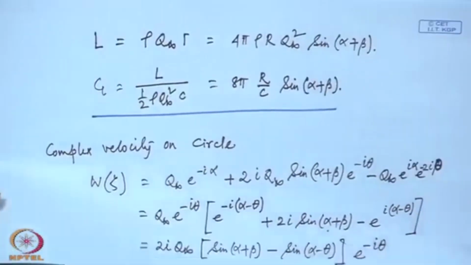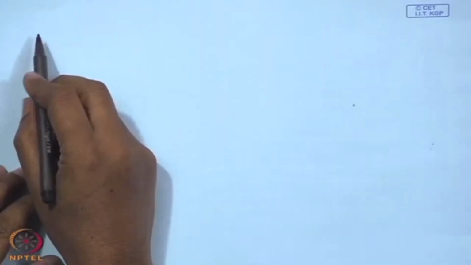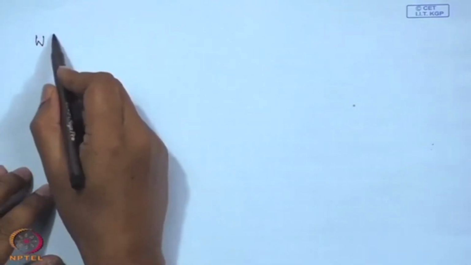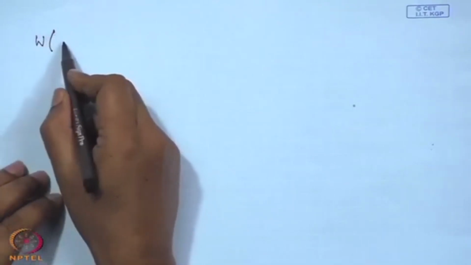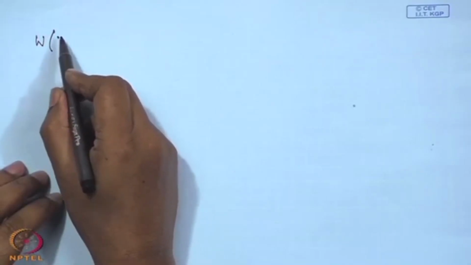Now, let us find the velocity at the trailing edge. Quickly, how much will be the trailing edge in the z plane? Location of the trailing edge. You see the trailing edge zeta equal to b.